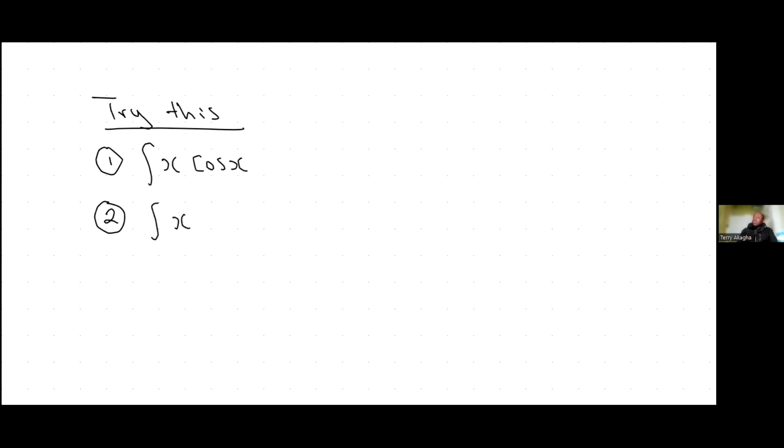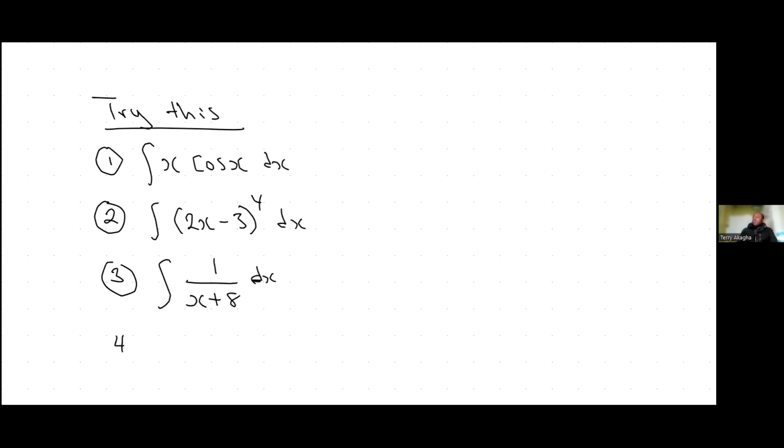Or let's make this a little bit more interesting. Let's say we have 2x minus 3 raised to the power 4 with respect to x. Number 3, we have the integration of 1 over x plus 8 with respect to x, okay? Number 4, we're integrating what? x squared with respect to what? x.